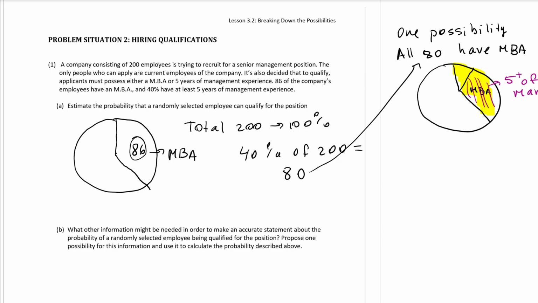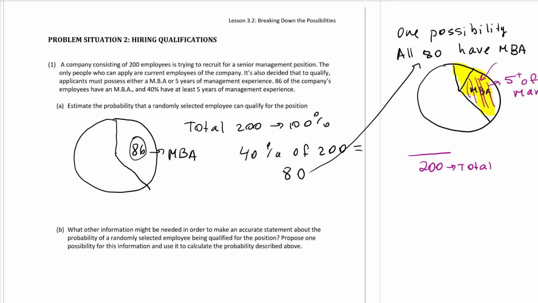To calculate the probability, what's the probability that we select somebody in that region? Probability is defined as a chance, where you take the total number of possibilities, and the numerator is the count for your selection, or for your success. I like to call it success.